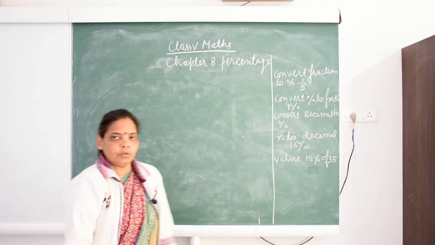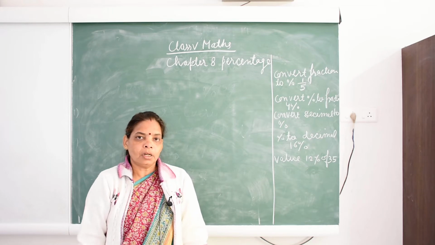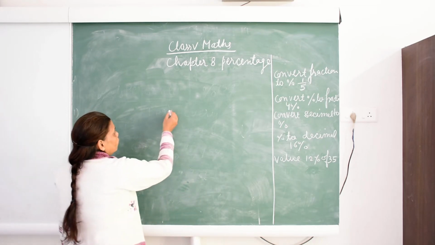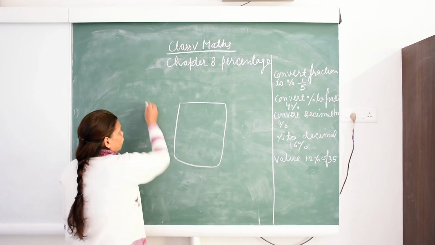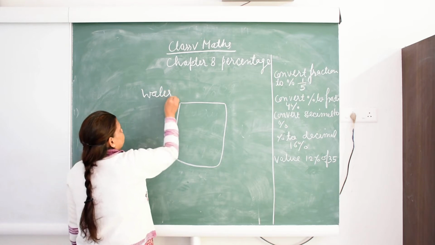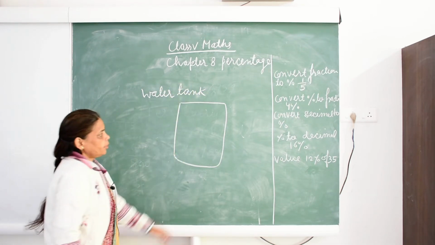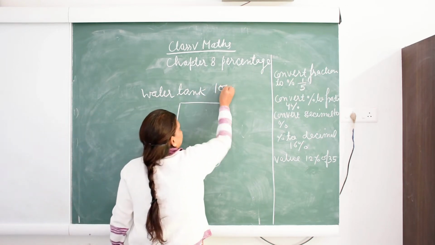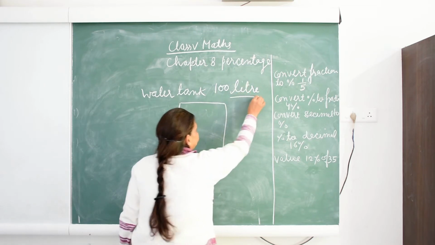In this way, you can find the quantity of anything, for example, how many liters. And take one more example. This is a water tank. Its capacity, the whole part, is 100 liters.